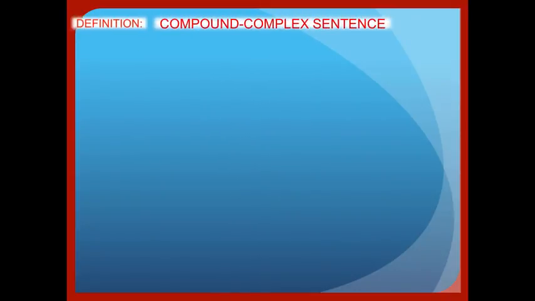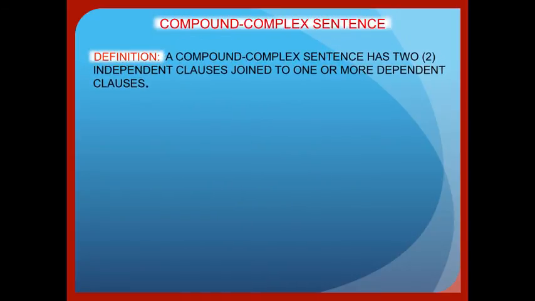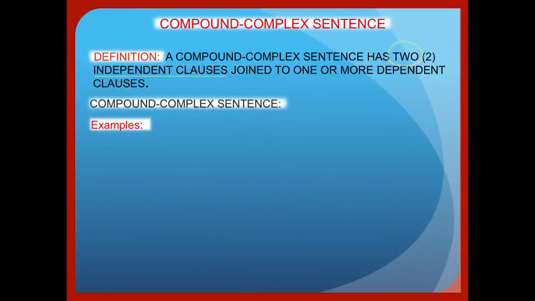The last type is a compound complex sentence. A compound complex sentence has two independent clauses joined to one or more dependent clauses.